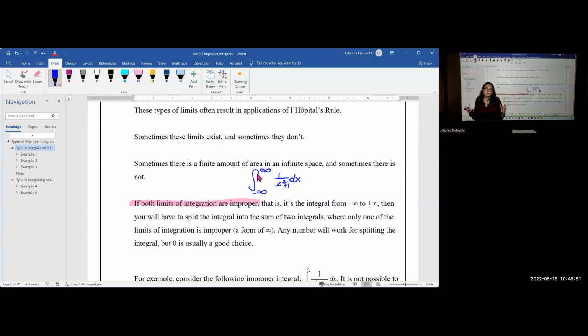Then you're going to use one of the properties of the fundamental theorem of calculus, which says, if you want to integrate from 1 to 5, can't you integrate from 1 to 3 and then from 3 to 5? I mean, you don't have to go 1 straight to 5, do you? No, you don't.